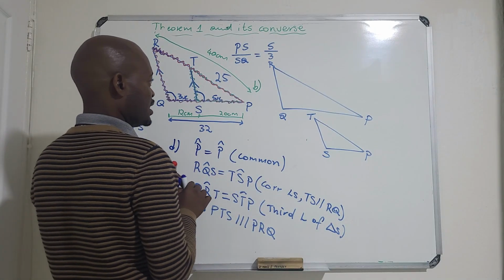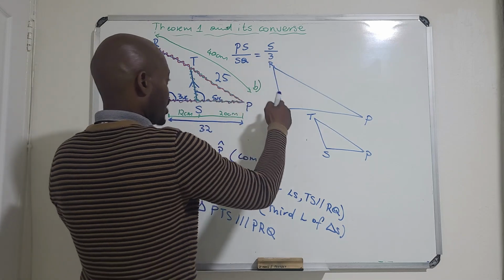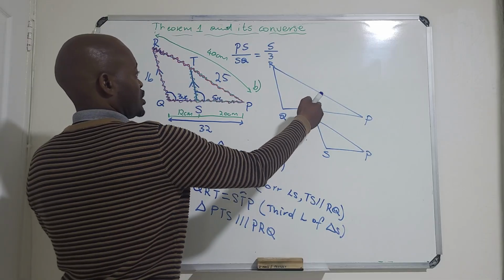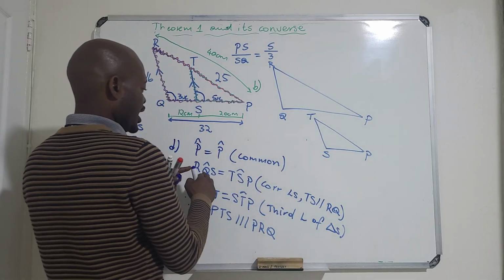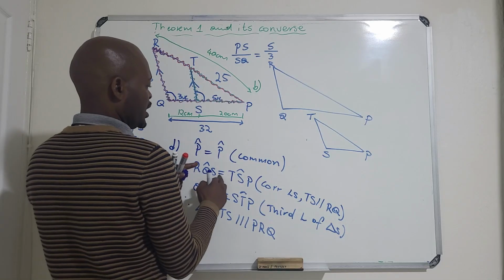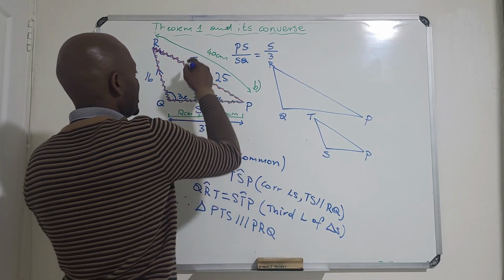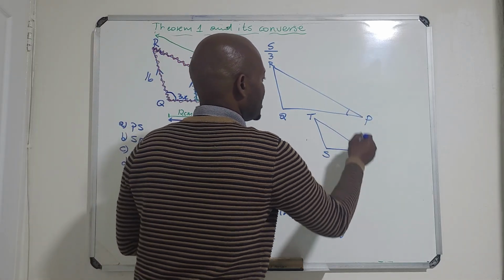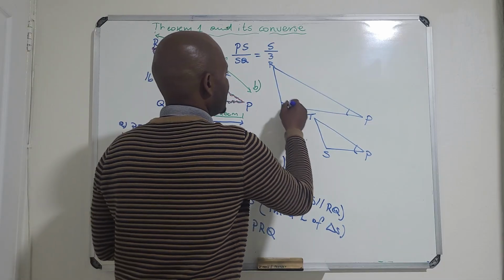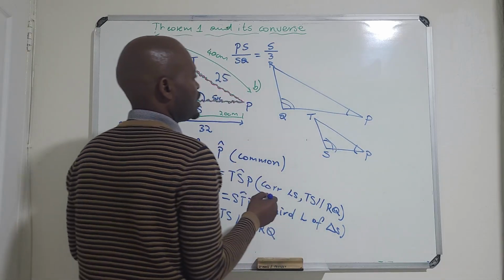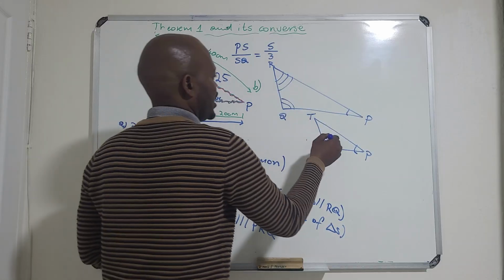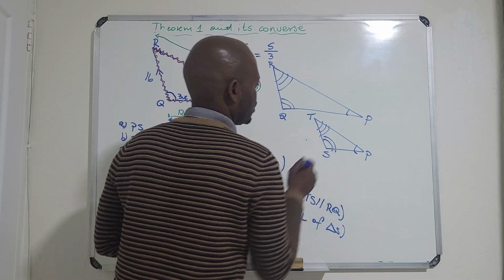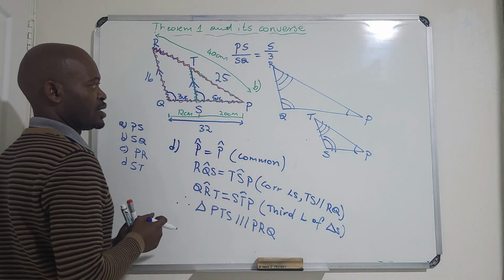That is why we said angle RQS or P, but because S was there, angle RQS or angle RQP is equals to angle TSQ. So it means that this angle is equals to that angle. It means that this angle there is equals to this angle there. That is why we say they are similar.